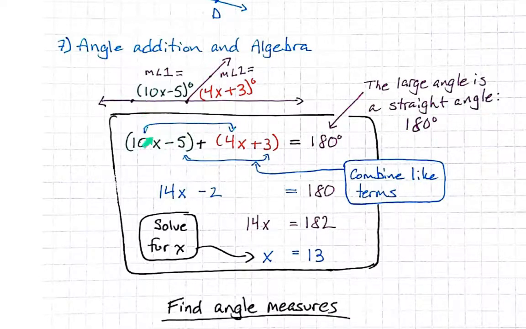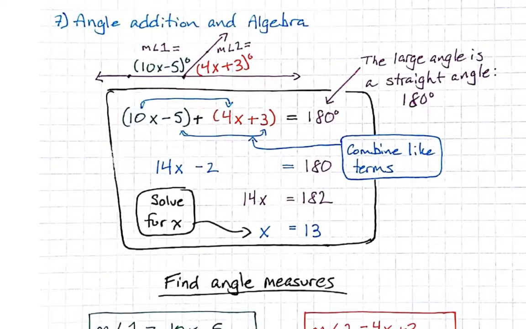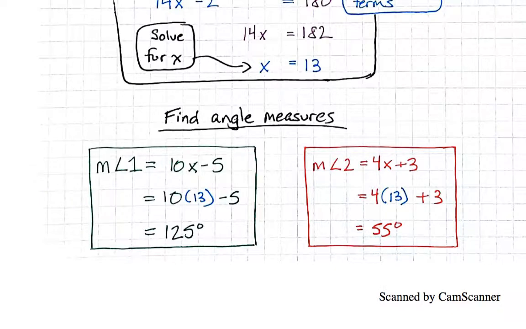So the two small angles, 10x minus 5 and 4x plus 3, are going to add up to 180. I do the algebra. I get x equals 13. And then I go back, and I plug the 13 in for x into both of the expressions and find out that the large angle is 125 degrees and the smaller angle is 55 degrees.